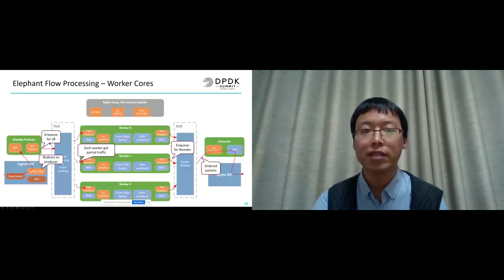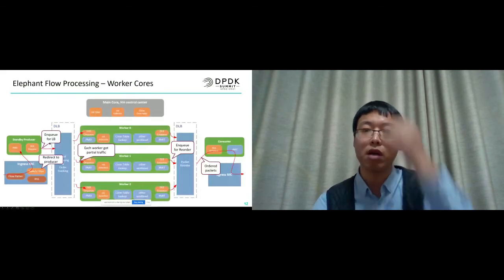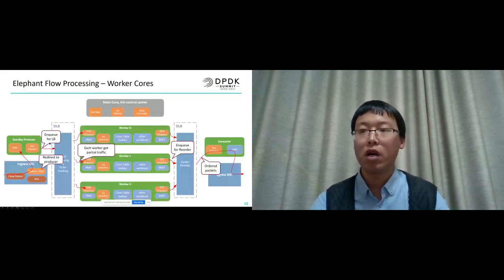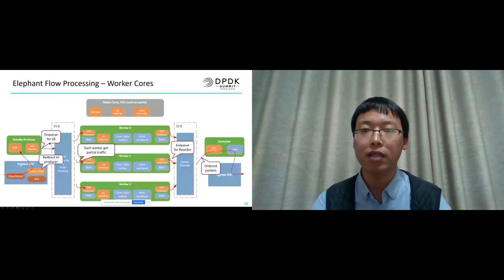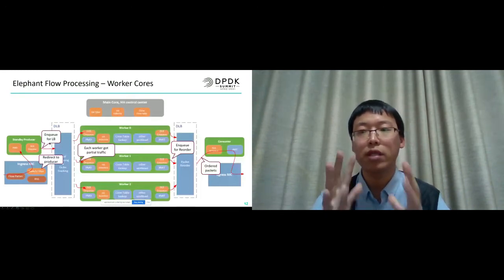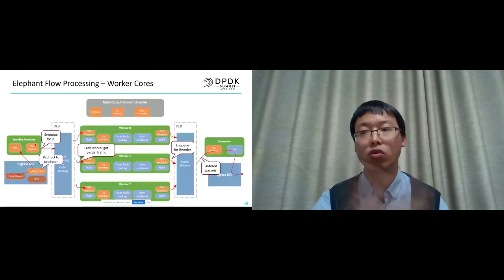And as the packet and buffer are transmitted from one core to another, it is allocated from the producer core, then processed on the worker core, and at last released on the consumer core. So we created a dedicated packet and buffer pool for this pipeline to avoid side effects to the normal worker cores.